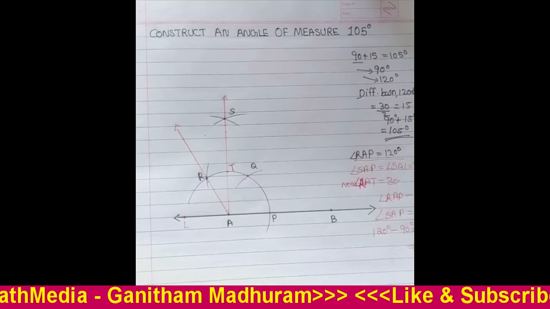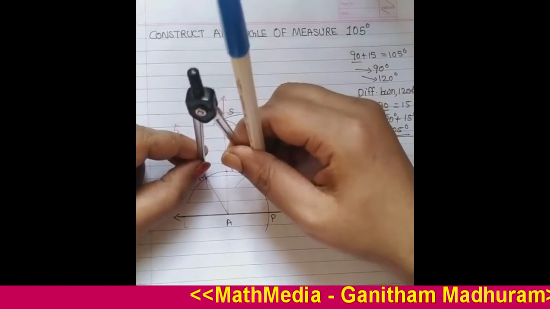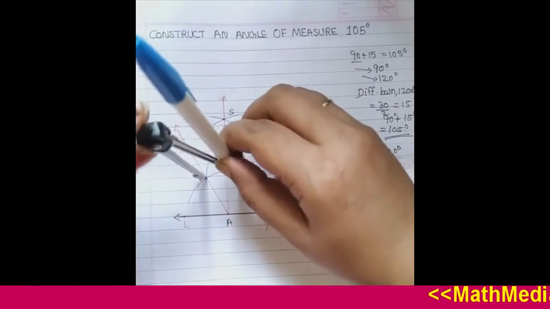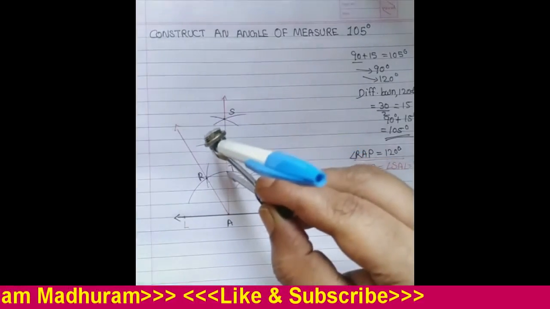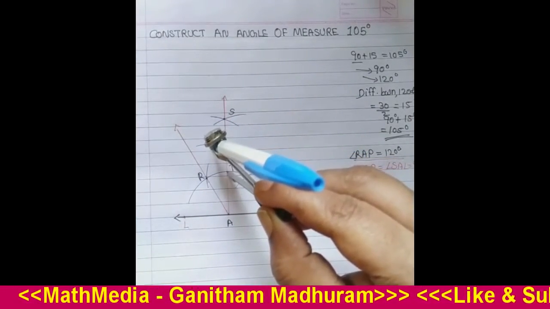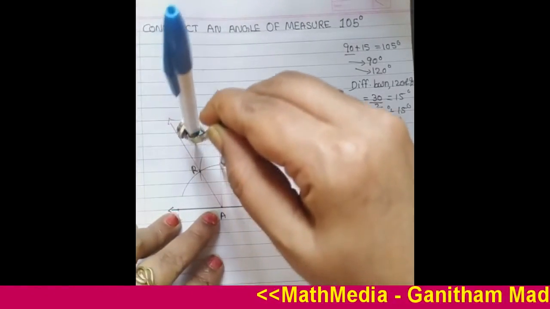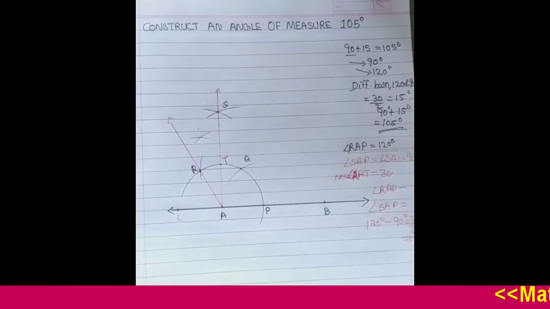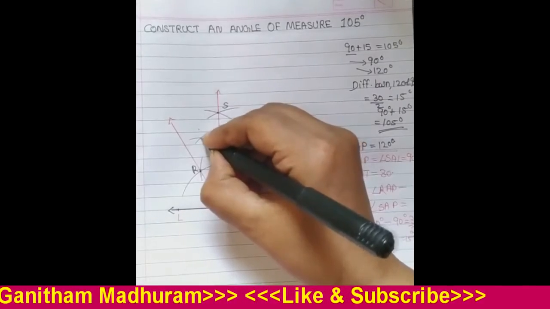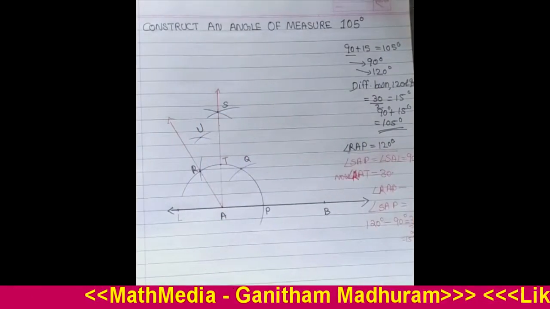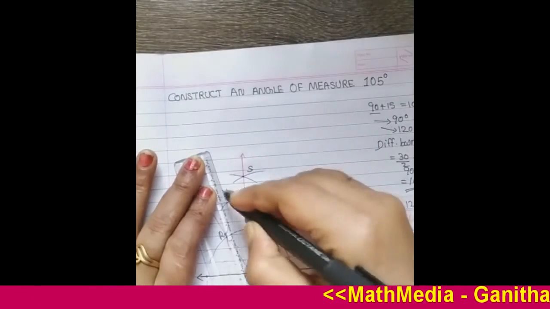For that we can take a center at R and radius more than half of RT. Draw an arc. Now with the center at T and same radius, draw another arc. Mark the point of intersection as U. Join AU.